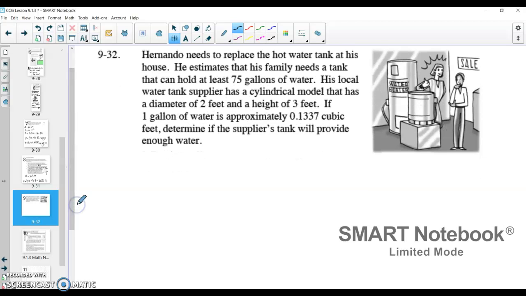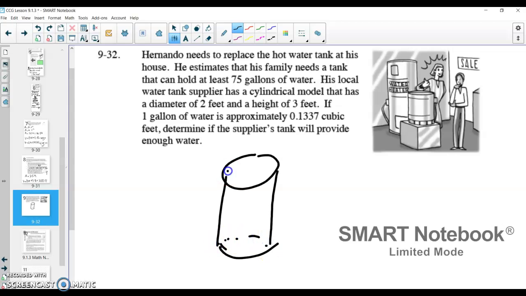And so what that looks like is we have this cylinder here, with a diameter of 2 feet and a height of 3 feet. It says if 1 gallon of water is approximately 0.1337 cubic feet, determine if the supplier tank will provide enough water.